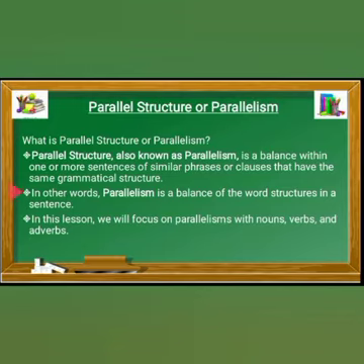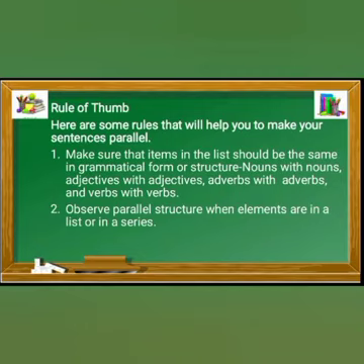In other words, parallelism is a balance of the word structures in a sentence. In this lesson, we will focus on parallelisms with nouns, verbs, and adverbs. This is the rule of thumb. Here are some rules that will help you to make your sentences parallel. Number 1.